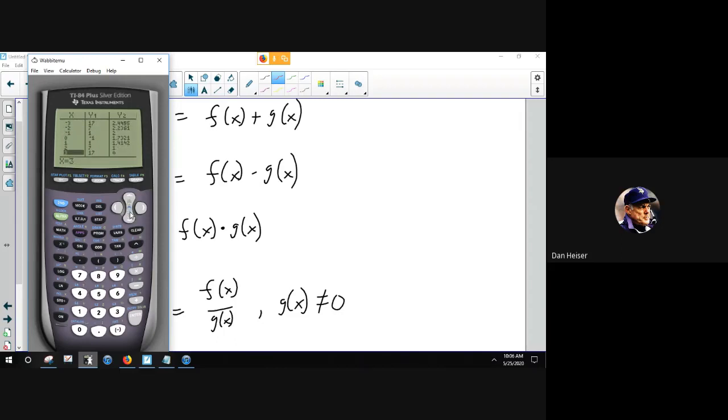Let's see what happens here when I turn this one on. And I'm going to shut these two off so that I don't clutter the screen. And there it is.